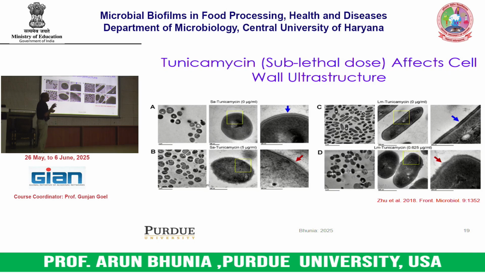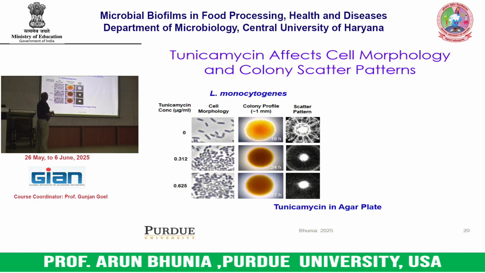And then if you look at the same with Listeria monocytogenes, 0 versus 5, you can clearly see the cell wall structure becoming very unstable, very disrupted, right? And so it affects, as we proposed. Now I want to see how that affects the morphology. Tunicamycin at low concentration. So this is cell morphology for Listeria.